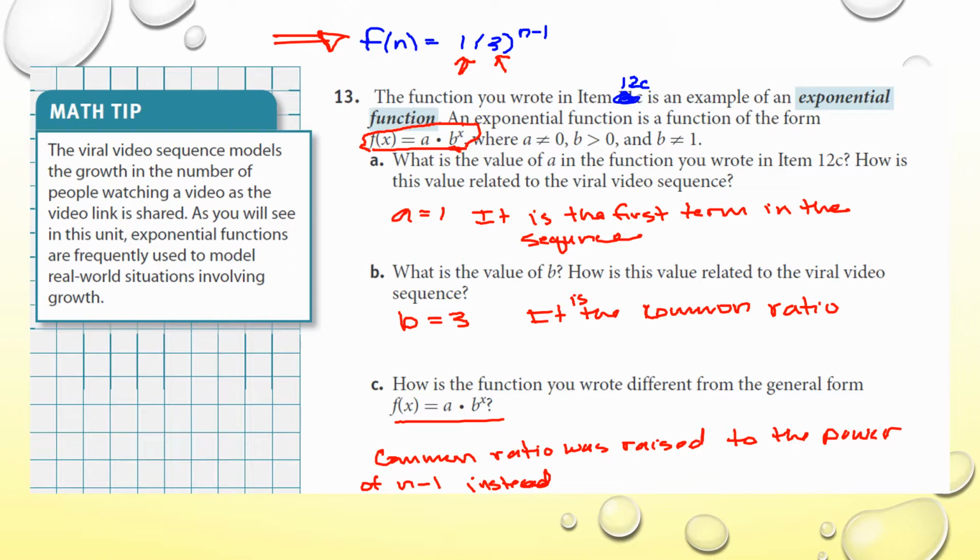So in the general form, it's raised to the power of just a single variable, which is usually x. So that's the difference.